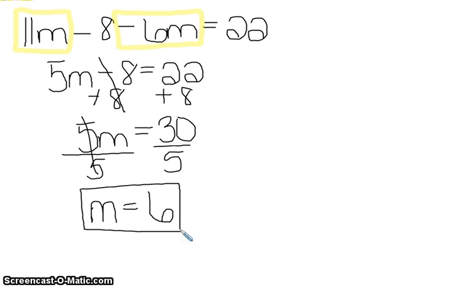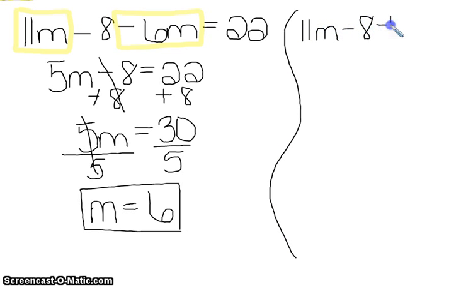Now, one thing that I want to go over with this problem, now that you have the correct answer, is when I was telling you that we have to move things from one side to the other. What happens to some people is they see these two terms, and because they're so used to doing the opposite operation and moving from one side to the other, rather than doing 11m minus 6m, they will oftentimes add 6m to what they believe is both sides.